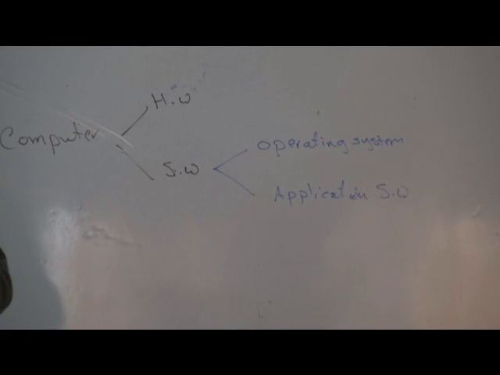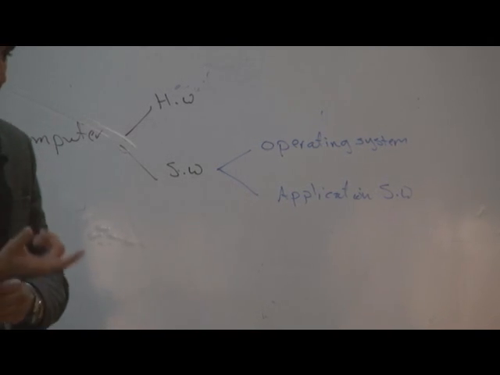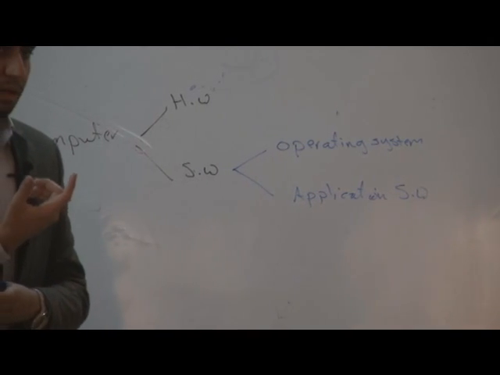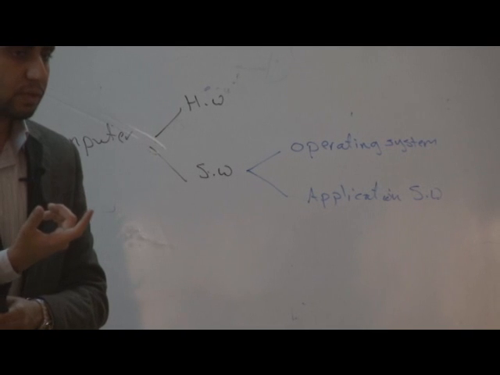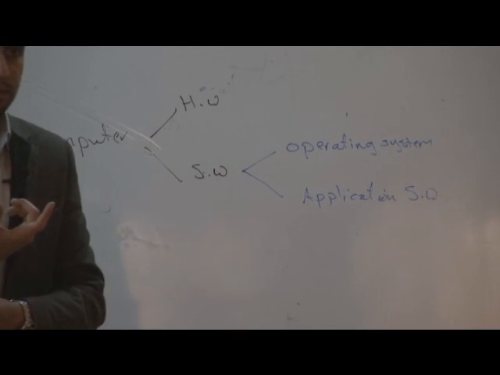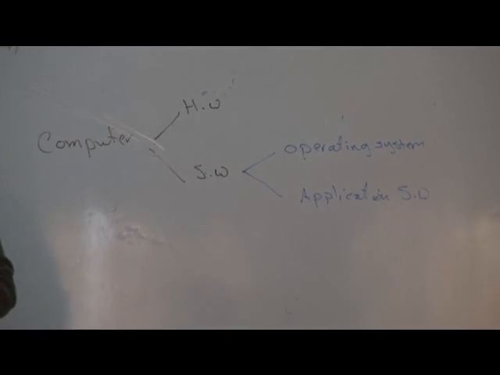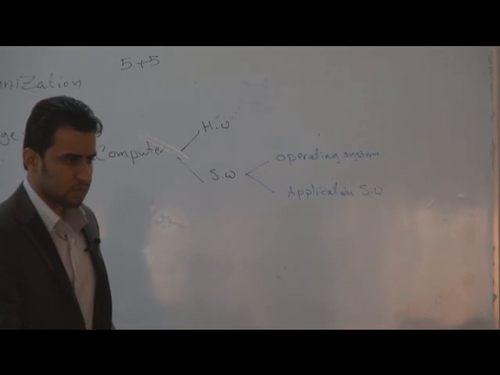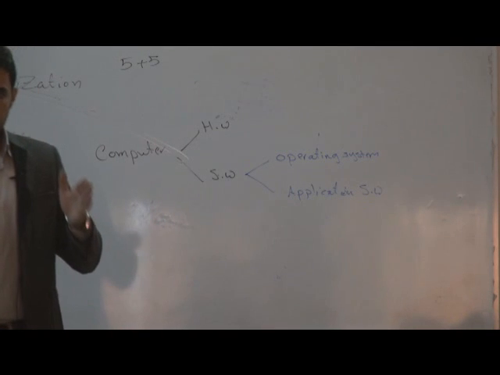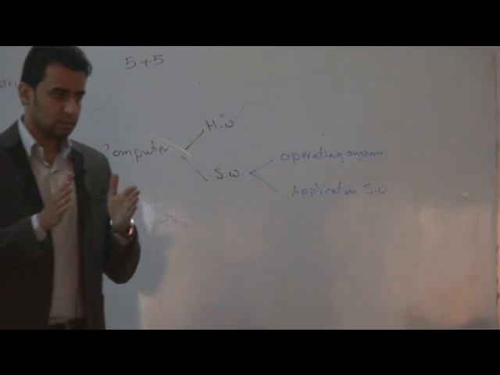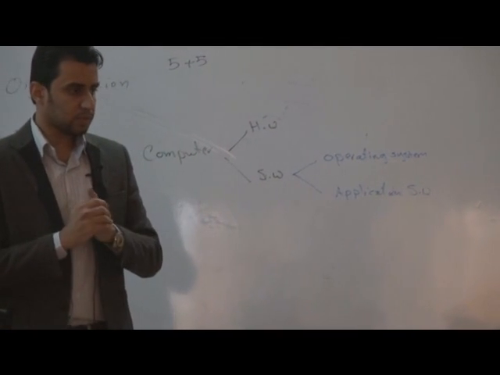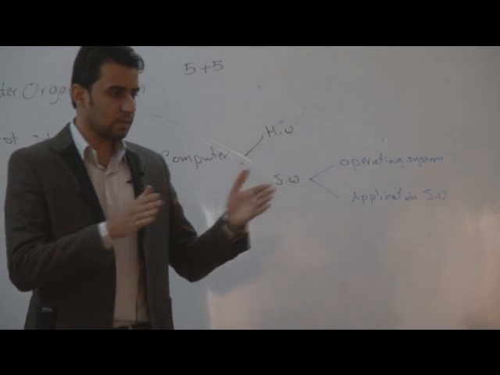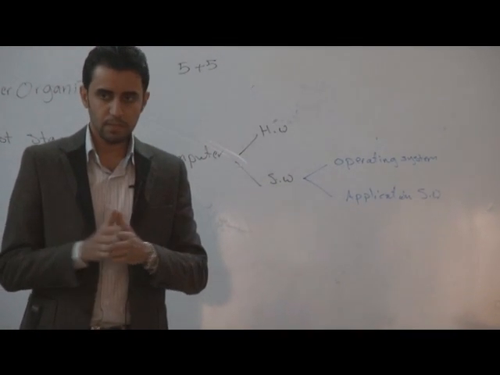So software is a set of programs that make the computer behave intelligently, or smart. I think I gave you one example previously. When we say computer department, there is computer science and computer engineering.